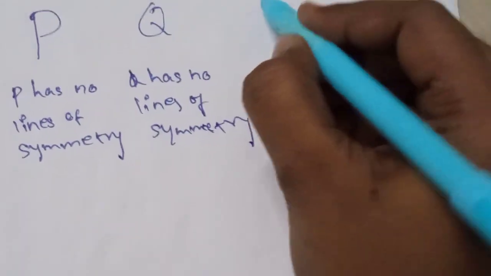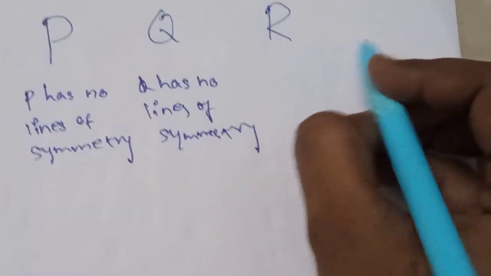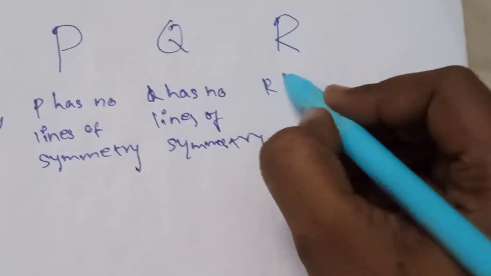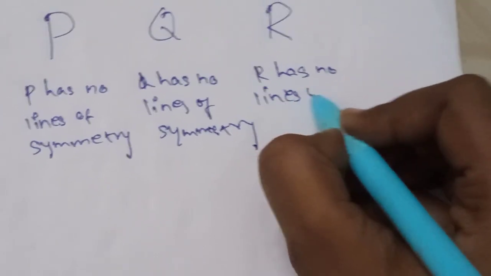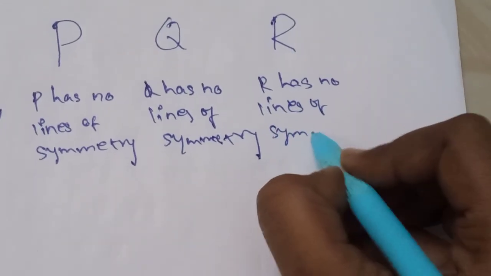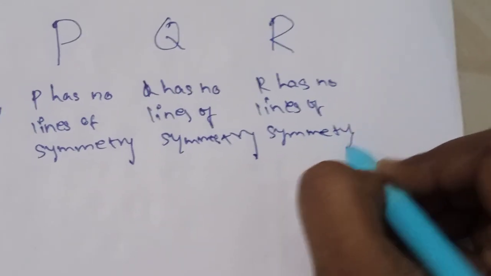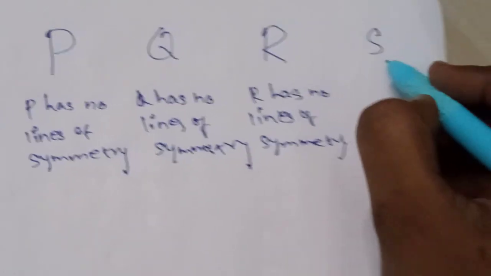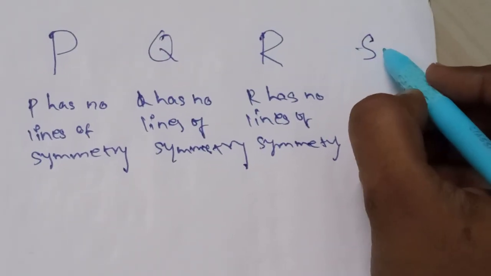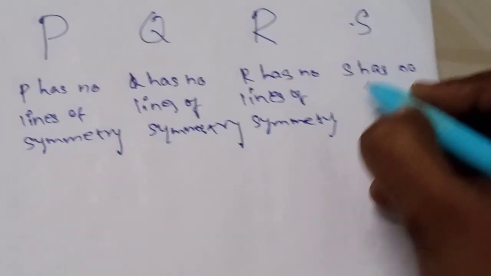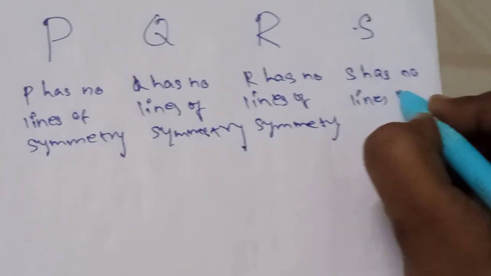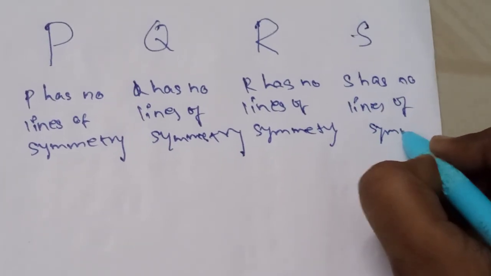Then R, can we divide R? No. So R has no lines of symmetry. Next S. Does S have lines of symmetry? It is also not possible. So S has no lines of symmetry.